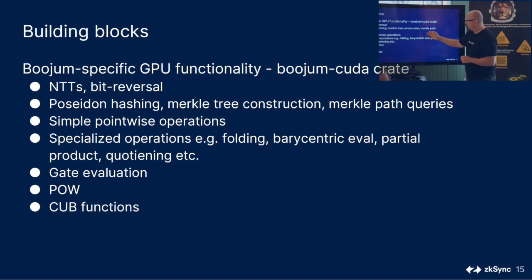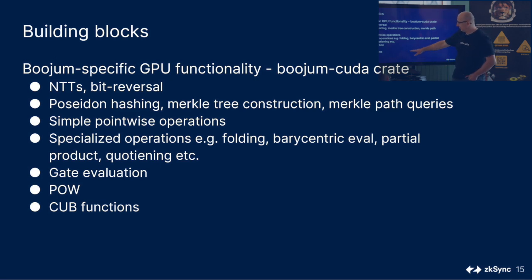Okay, so where was I? Yes, gate evaluation. So that's a little bit interesting there with the generation. Then proof of work I already mentioned, and CUB functions. CUB is a library from NVIDIA for certain operations like scans, reductions, sorting, stuff like that.